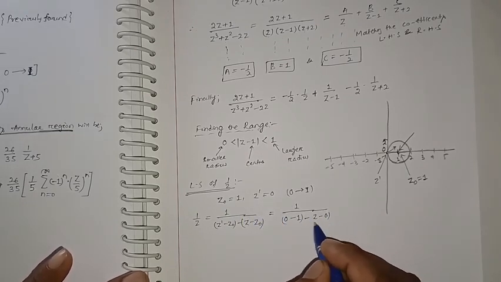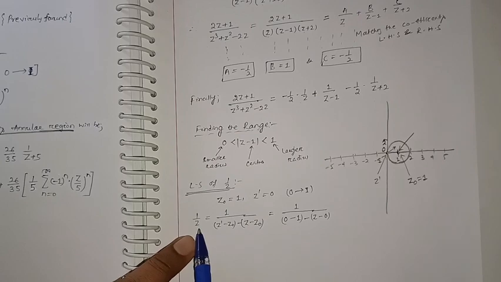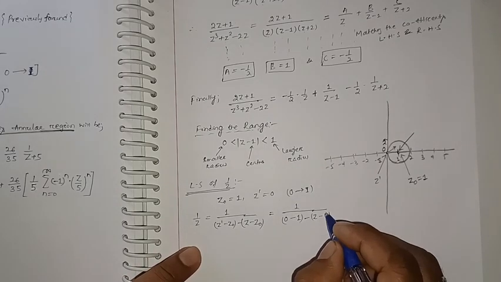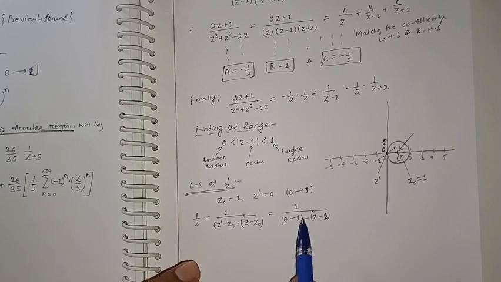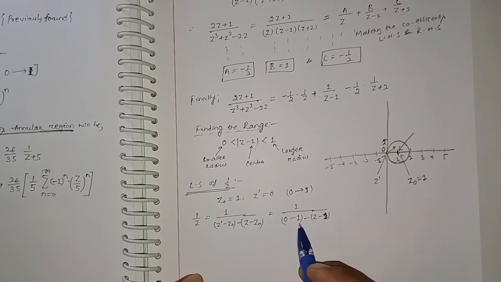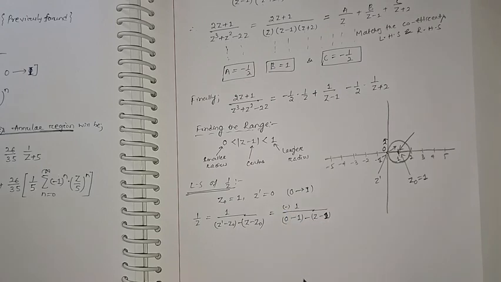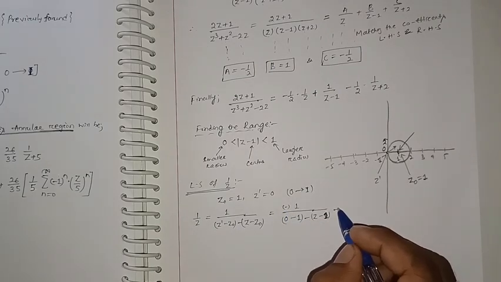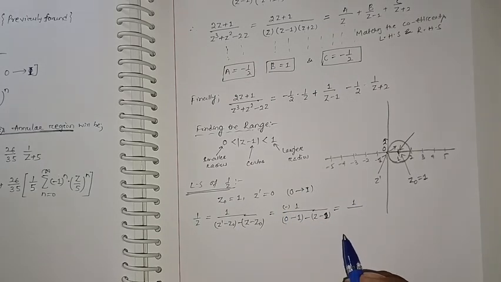Here you can see, if I compare with the original, z0 is 1 here, I mistakenly wrote otherwise. So if I compare this and this, is it matched? Here you can see minus and minus plus both cancel, but here we found minus 1 by z, so only for that I have to multiply by minus, right? Then what we got? We got 1 by, here I told you do not remove this bracket.